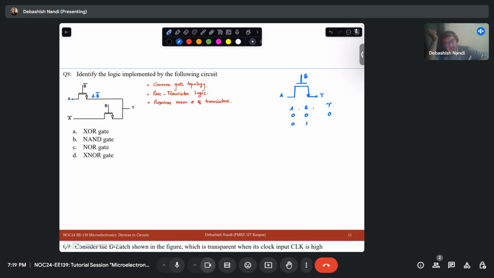If A is 0 and B is 1, that means your transistor is on. So what will that lead to? A passing of the same, shorting the source and drain. Basically, the channel is formed, so Y will be equal to A, that is 0.